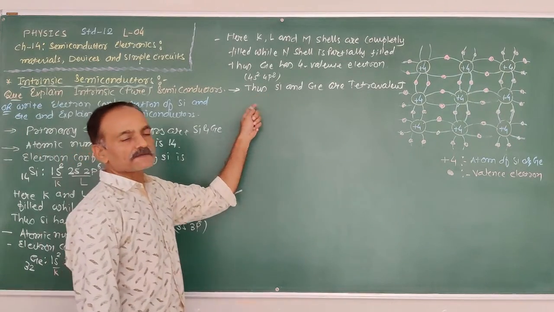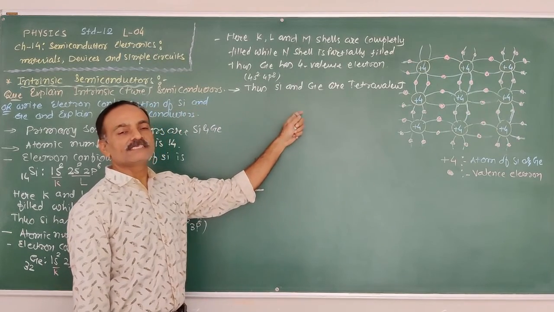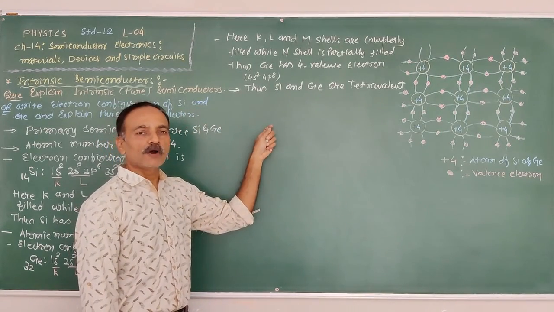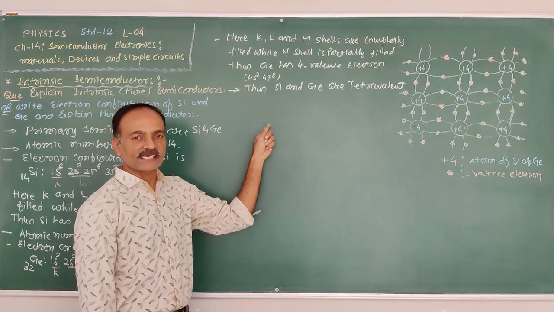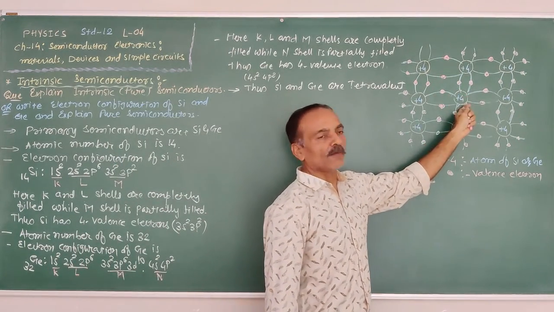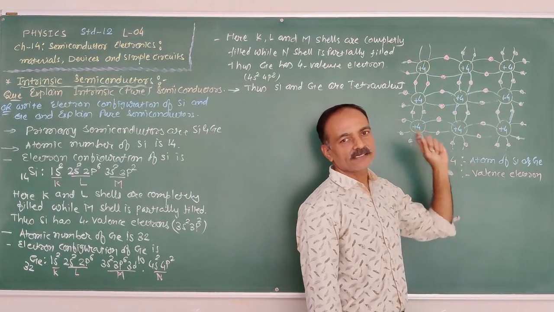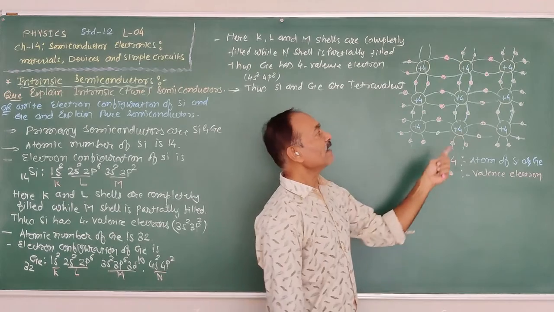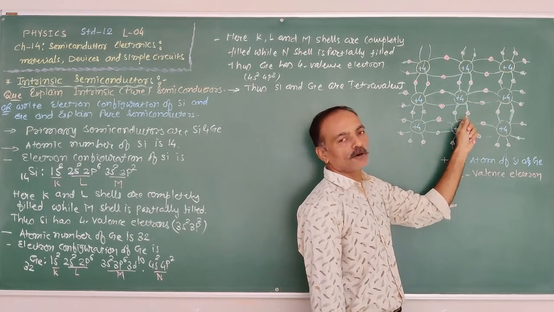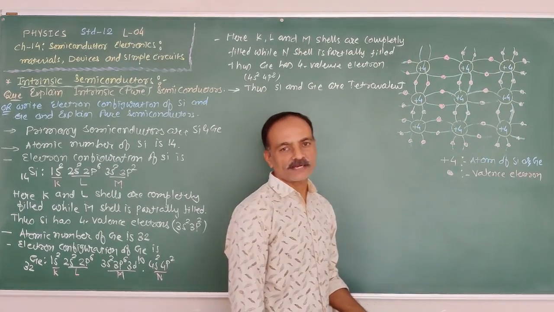In a crystal of silicon or germanium, each atom has 4 valence electrons. Thus, each silicon or germanium atom forms 4 covalent bonds with its neighboring silicon or germanium atoms by sharing 1 electron.